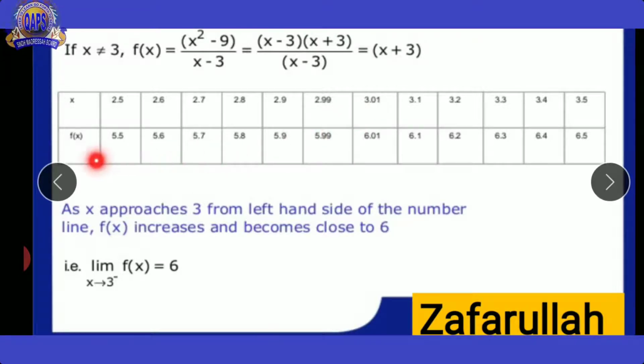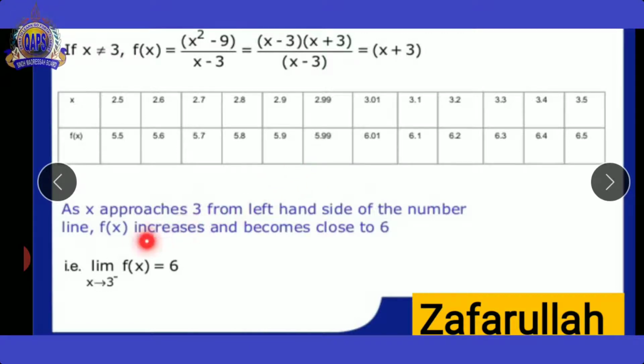So the function values approach 6, because there are 5.5, 5.6, 5.7, 5.8, 5.9 and 5.99, numbers very close to 6.